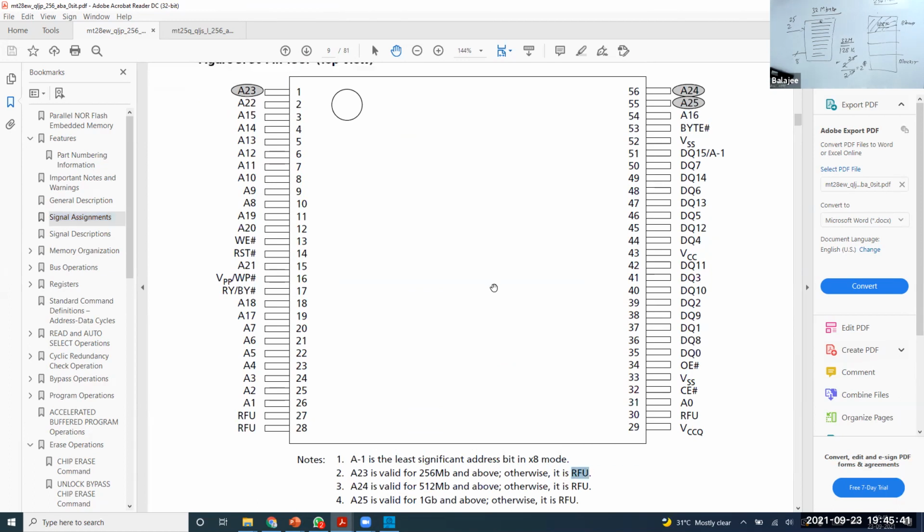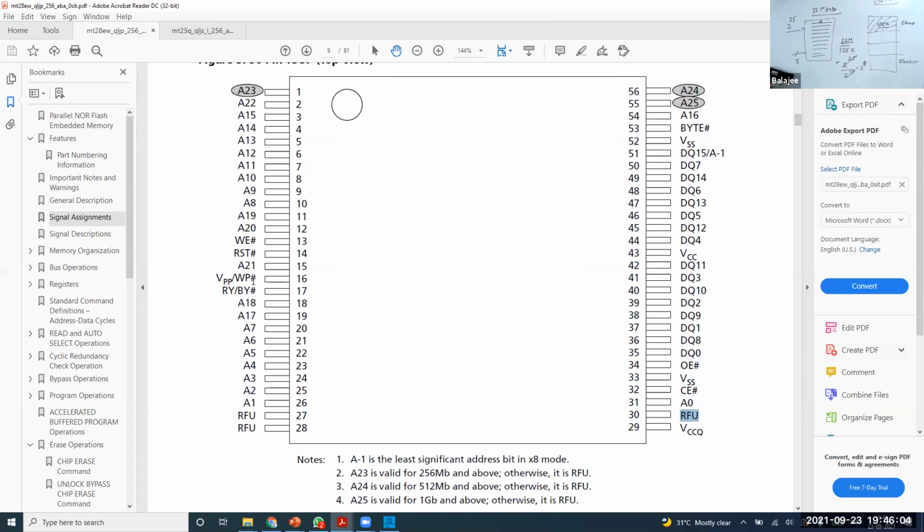Now you understand. Then there is one thing called BYTE. If you make it low, it will operate in 8-bit mode. If you make it high, it will operate in 16-bit mode. Then VCC. Okay. Then you have VSS ground. Chip select, CE, is chip select. RFU is reserved for future use.